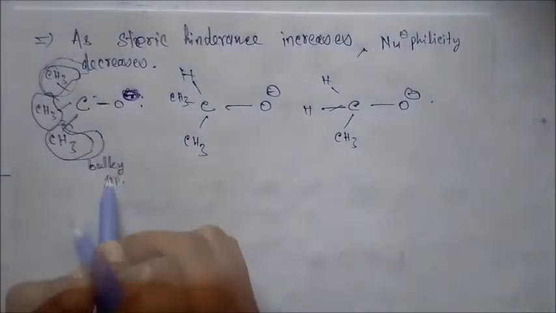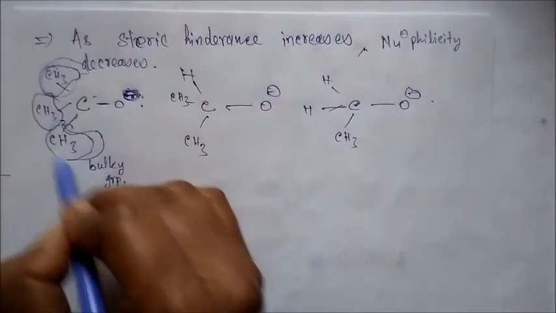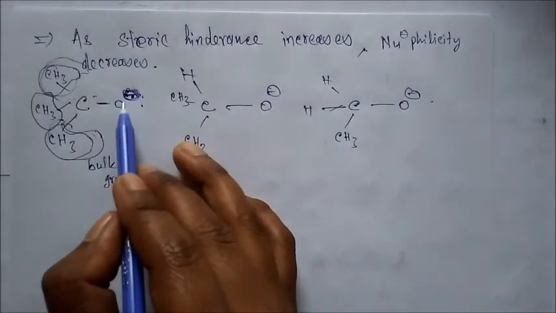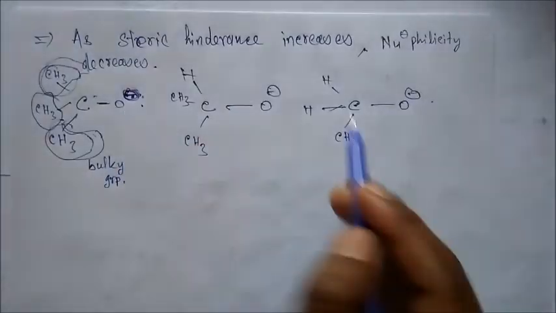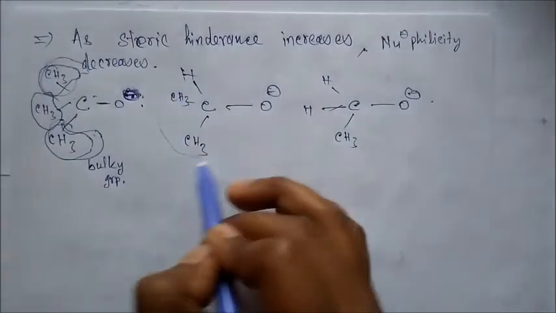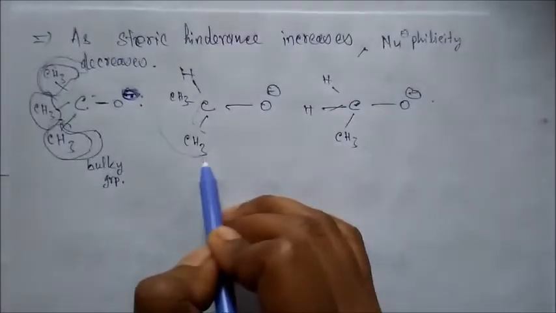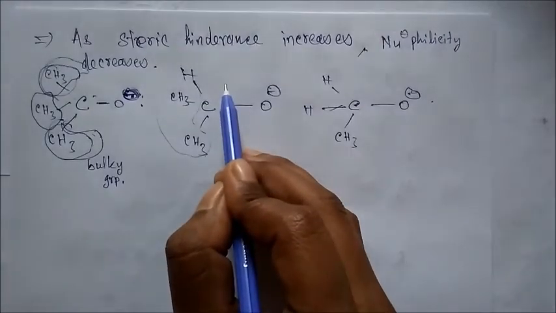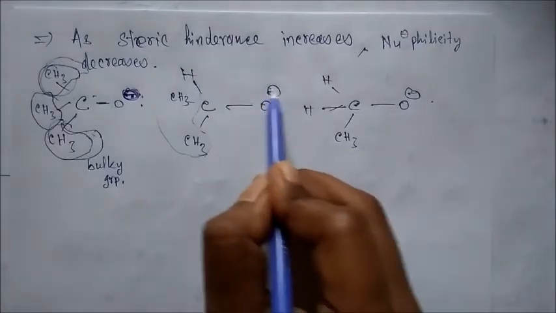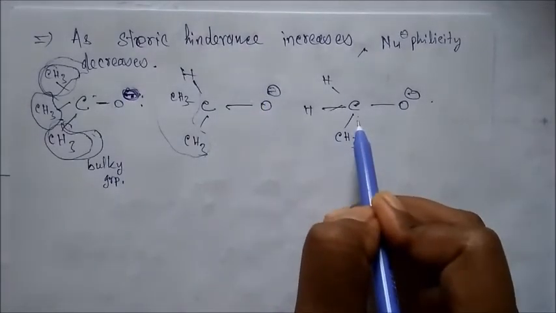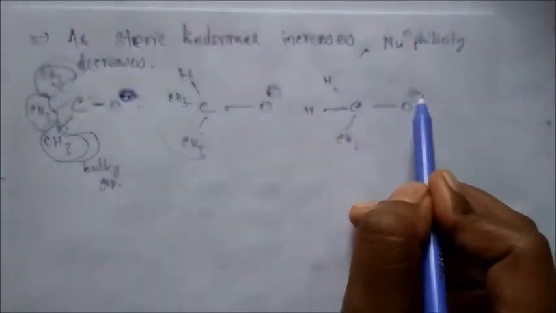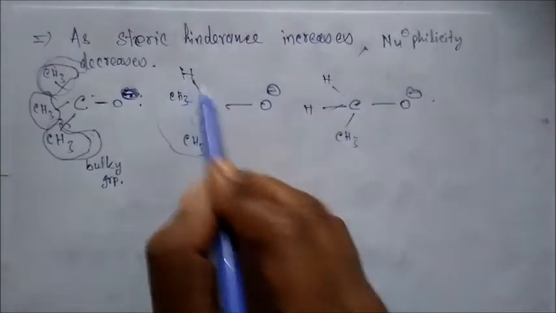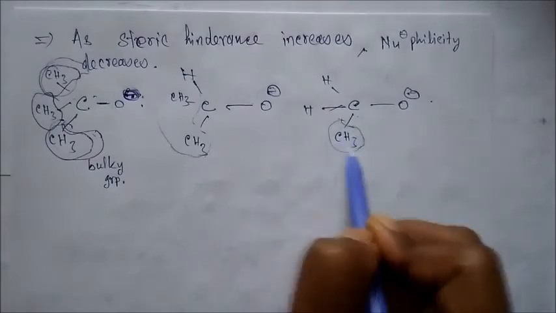Here there are 3 bulkier groups preventing the incoming group from taking electron from oxygen. Here the number is decreasing to fewer bulky groups, so it will be somewhat easier for the incoming group to take the electron. In this case, the incoming group will easily take the electron compared to here, because there is only one bulky group.